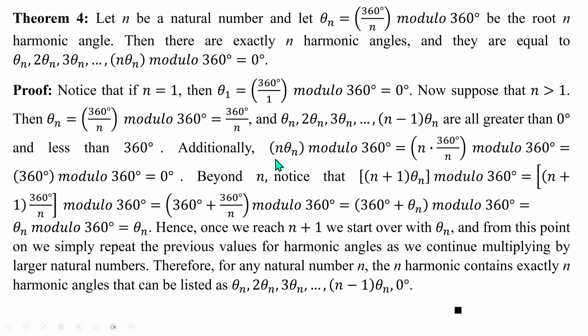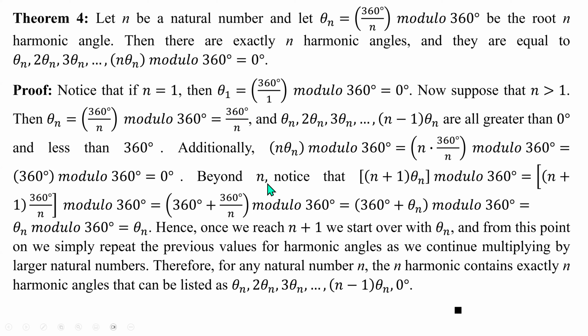Okay, additionally, n times theta sub n modulo 360 degrees, that's n times this expression. You can cancel out the n's. That leaves you with 360 degrees modulo 360 degrees, which will be equal to 0 degrees.